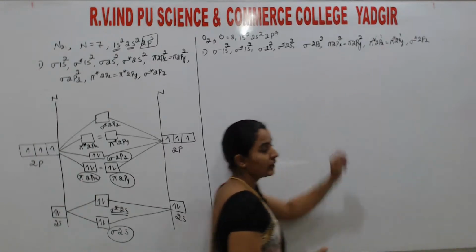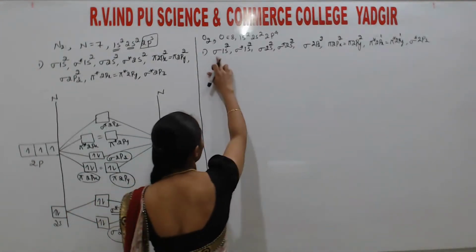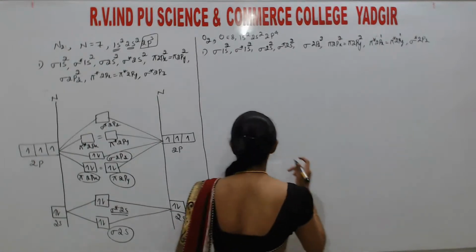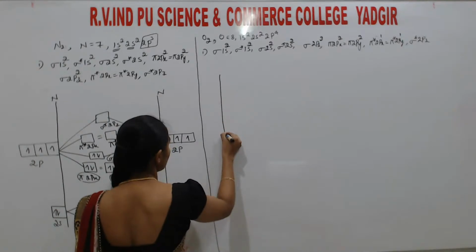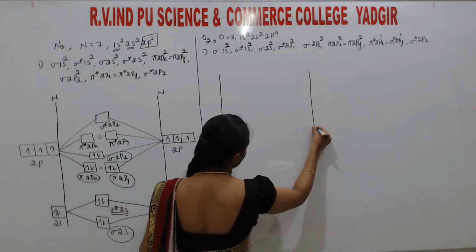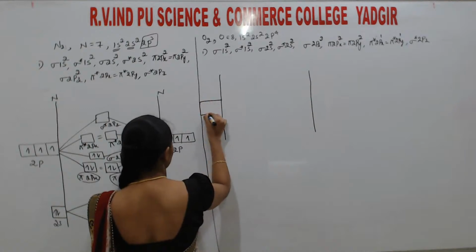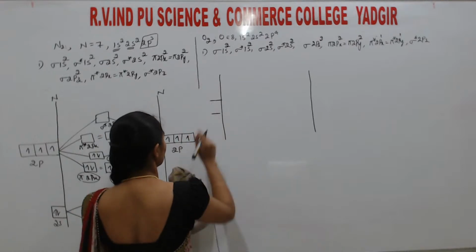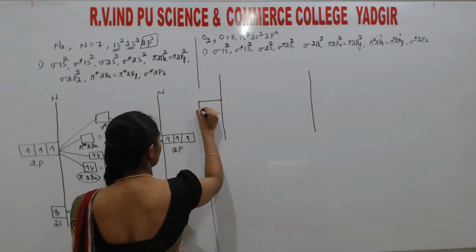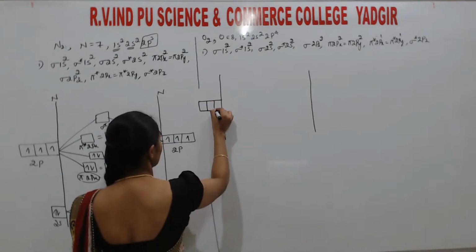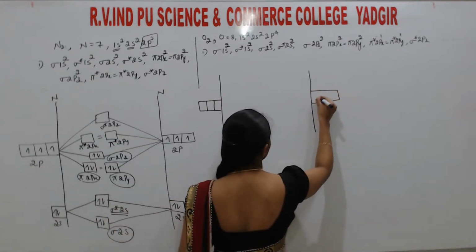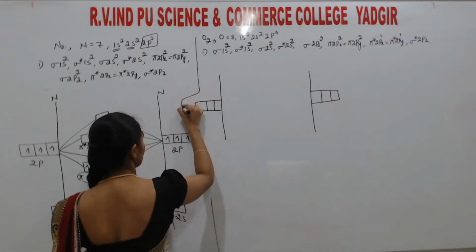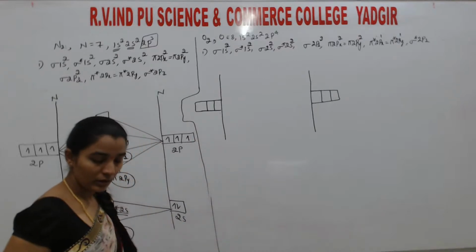Understood? Okay. Listen, if you write a molecular orbital diagram, no need to write for this, you just write to this. Okay? And just consider the orbital here. Okay, listen here.